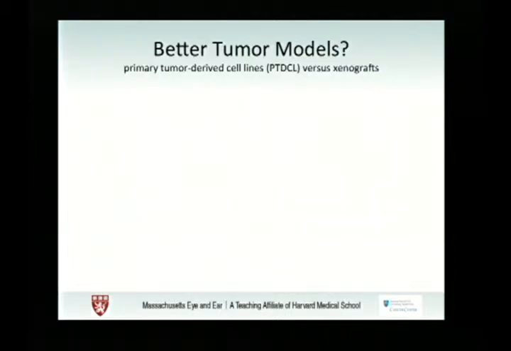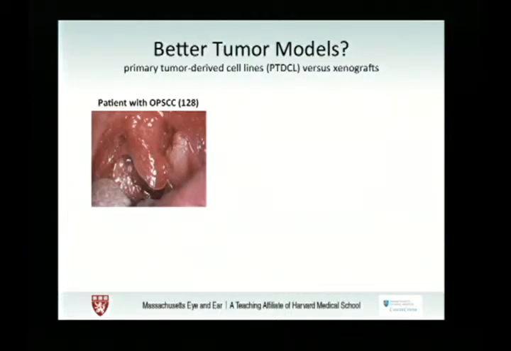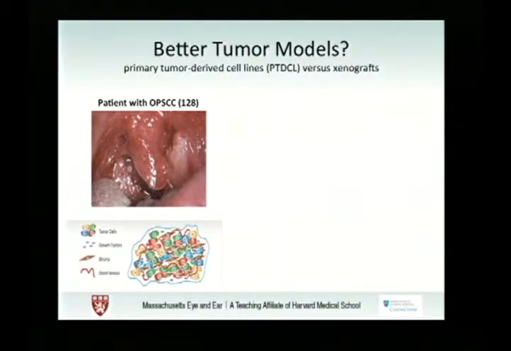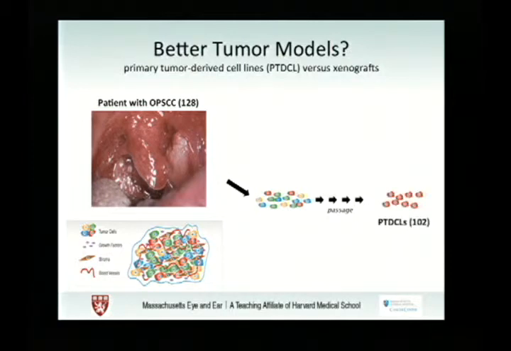So, better tumor models. Same patient, oropharyngeal cancer. We know, and we heard from others, there are tumor cells, growth factors, stroma, blood vessels, all in there. If we take these out and dissociate them, assuming all the cells live equally when you dissociate them, you end up with cell lines which we think are, for the most part, pretty homogeneous.